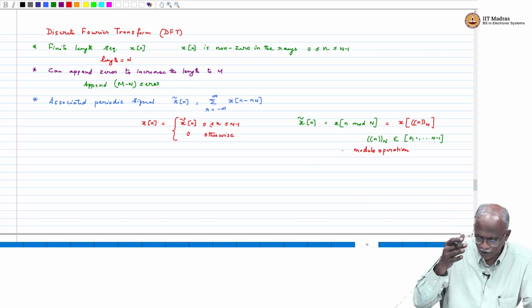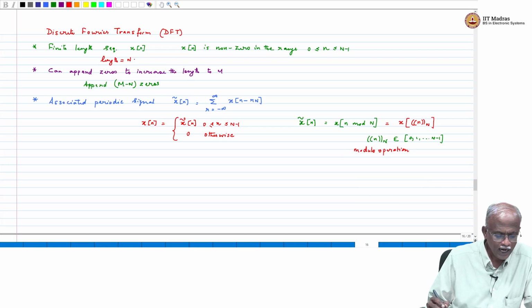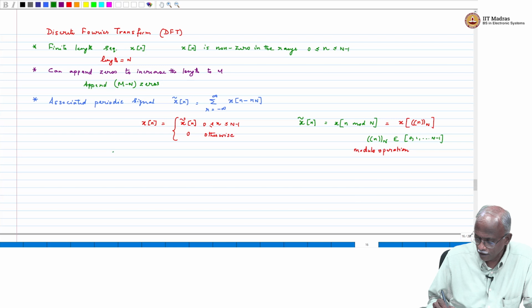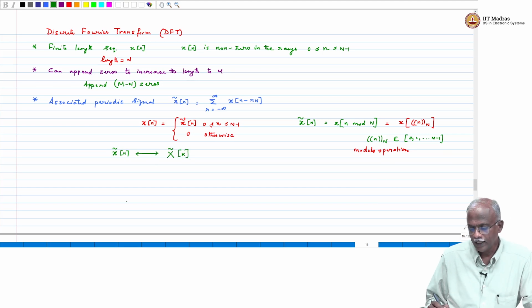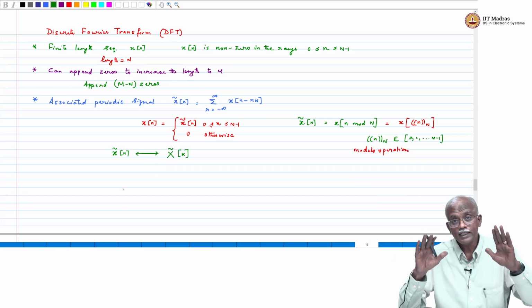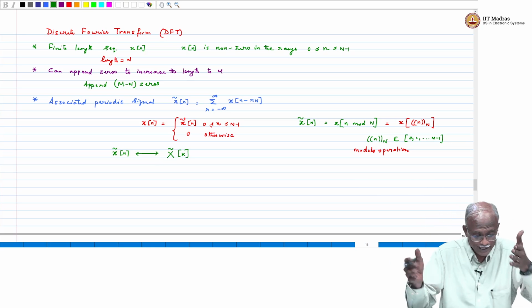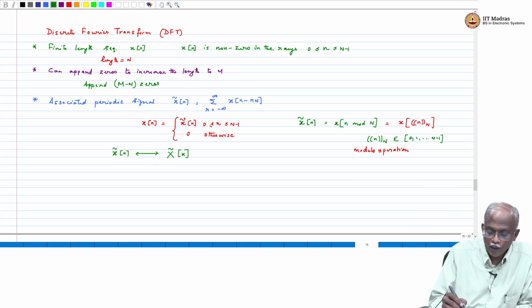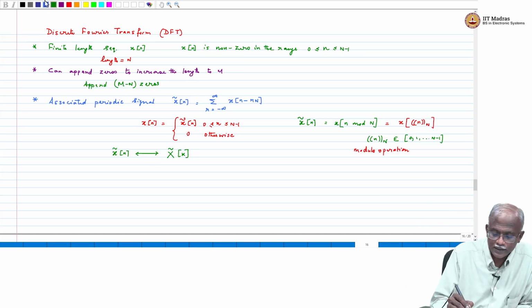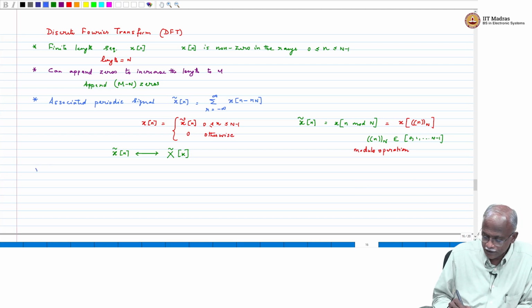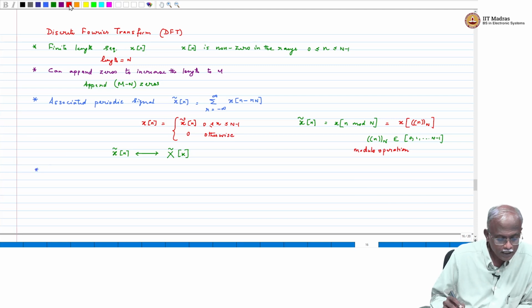So x of n is a finite length sequence, and x tilde of n has a discrete Fourier series coefficient which is given by x tilde of k. Now, what we are interested in is the representation of x of n, not x tilde of n. So, therefore, we will choose one period. Here is the key result.